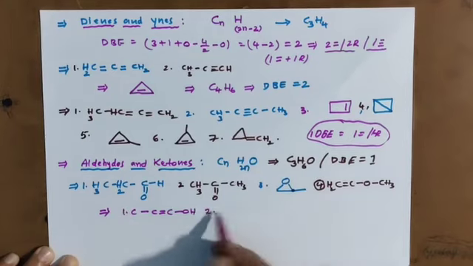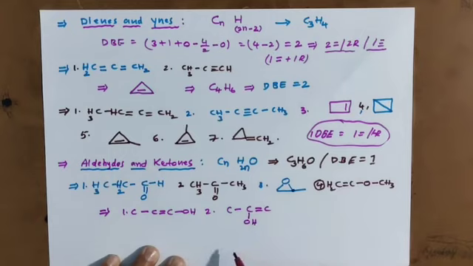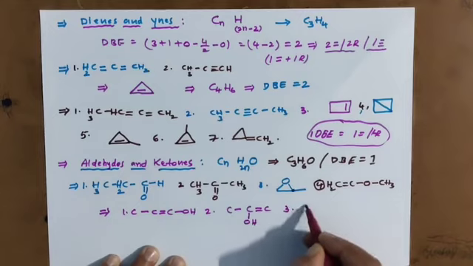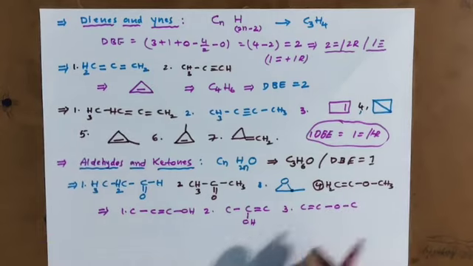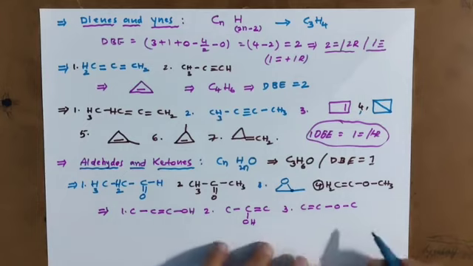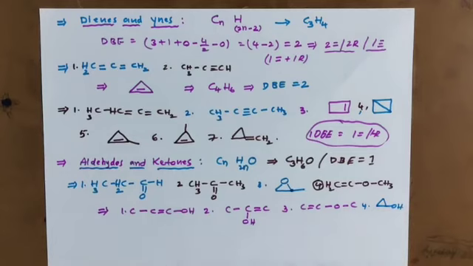And one more enol we can draw: C bond C, double bond C, and here one H, OH. Here I am drawing one OH. And another also we can draw: C double bond C, bond O, bond C. This I have drawn already. Clear? And with this you can draw like this also. This is OH, also with 3 carbons only.